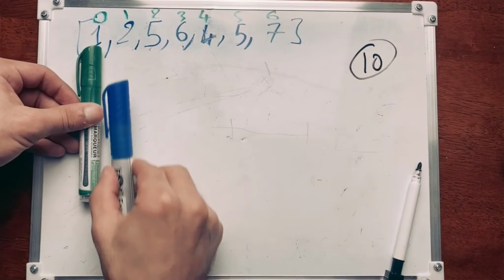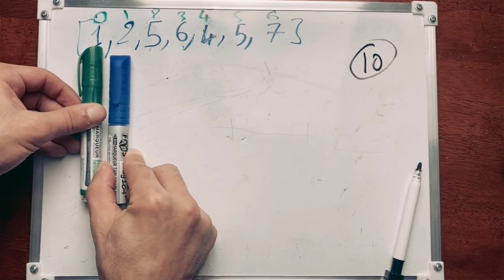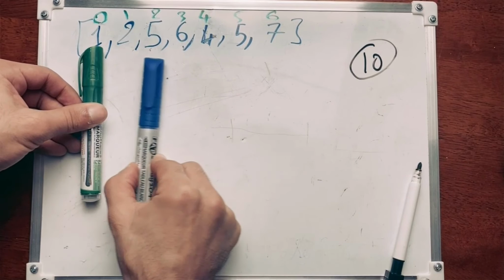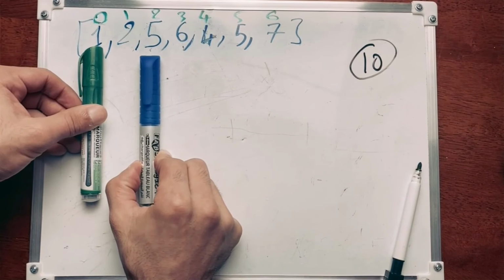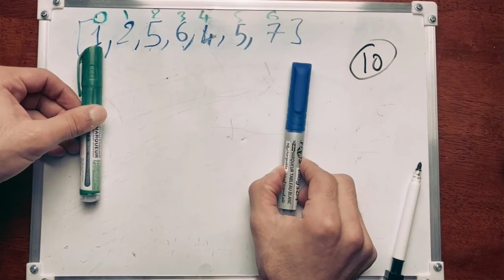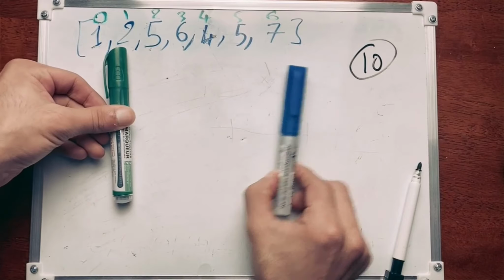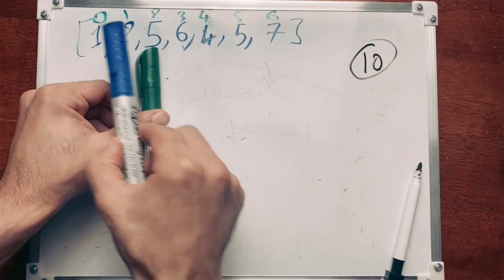So for now, it's this. Does the sum of these two elements equal 10? No. Does the sum of these two elements equal 10? No. No, no, no, and so on. So we do that, and then we move the I, and we iterate again, and then we move the I, we iterate again.